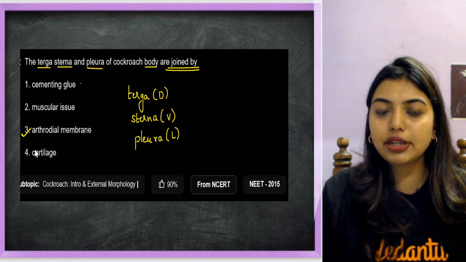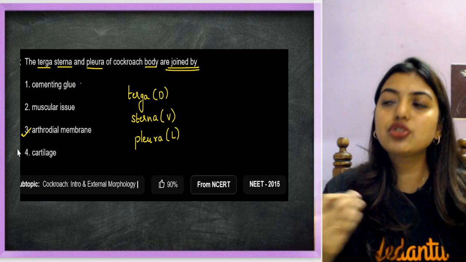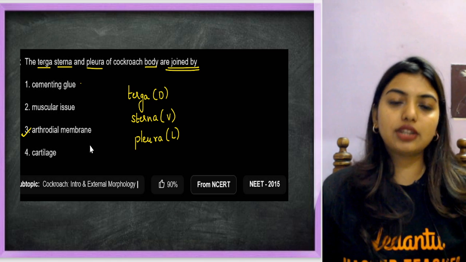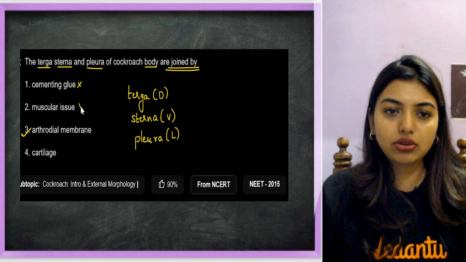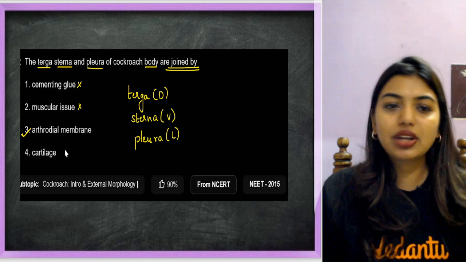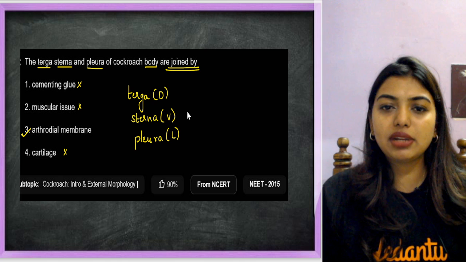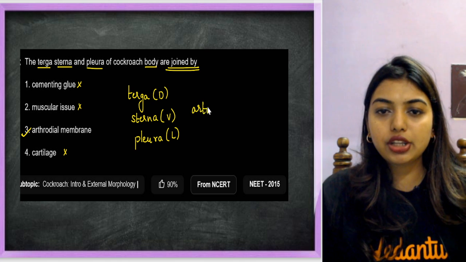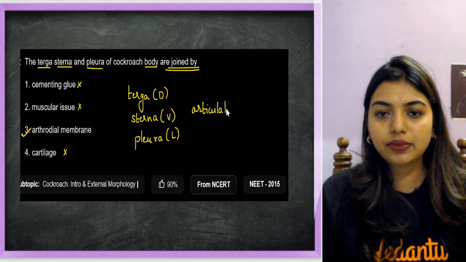Some people will write cementing glue. You're not constructing a house, you're making the chitinous exoskeleton of a cockroach. Don't write cementing glue, don't write muscular tissue and cartilage. It is arthrodial membrane, which is actually an articulating membrane. Got it? Clear?